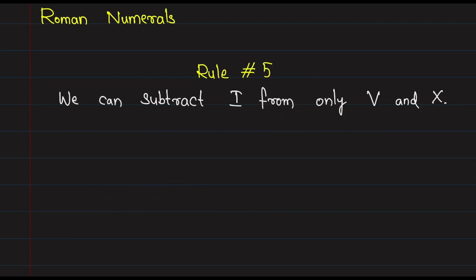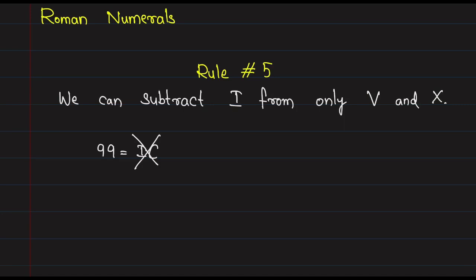Rule number 5. We can subtract I from only V and X. That means we cannot subtract I from any other letters. For example, we want to write 99. We cannot write IC just because 100 minus 1 is 99. This is the wrong way of writing. Why?